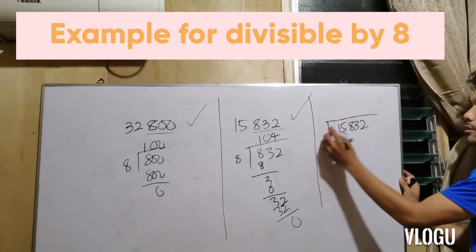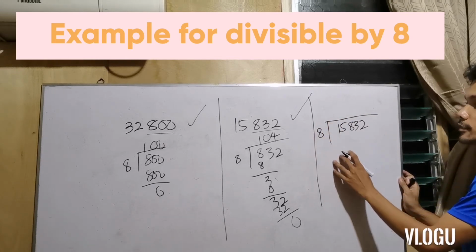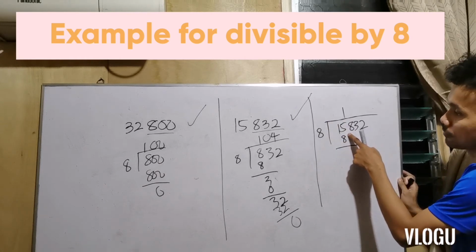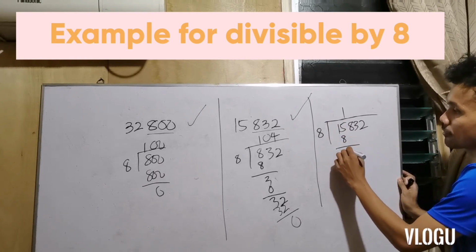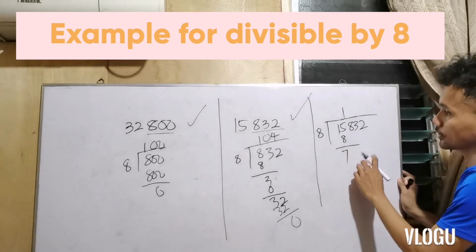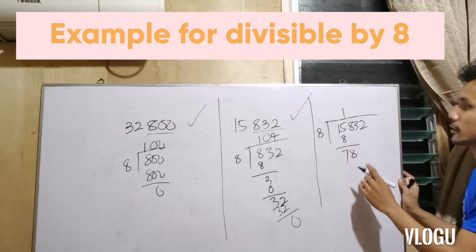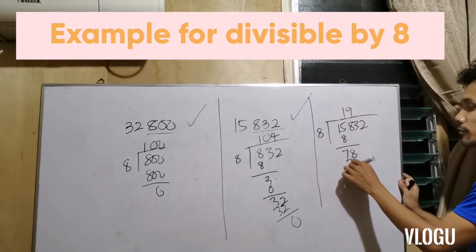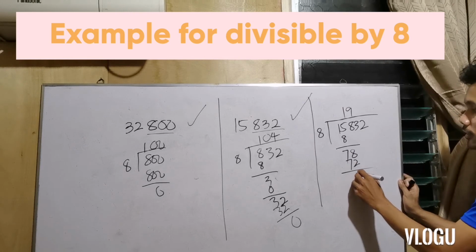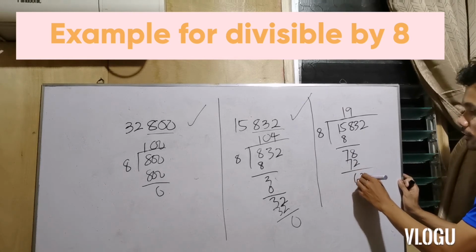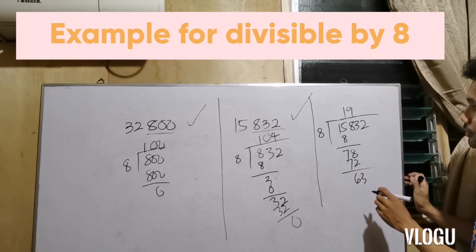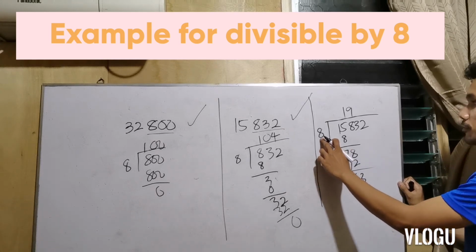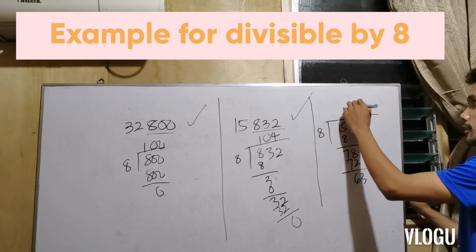Okay? So you have 15,832 divided by 8. So you have 1, 8. I have ganito. So you have 7, 8. Okay? I have 7, 8. 8, 6, 9, 9. 72. So I have 63. Tama ba? 63. So, I have 7.